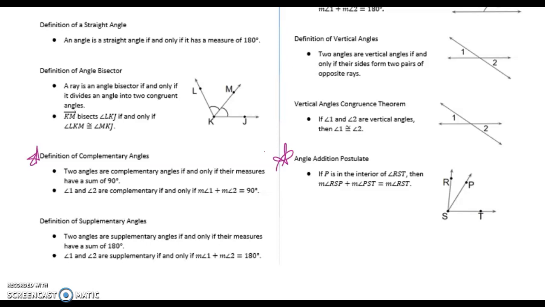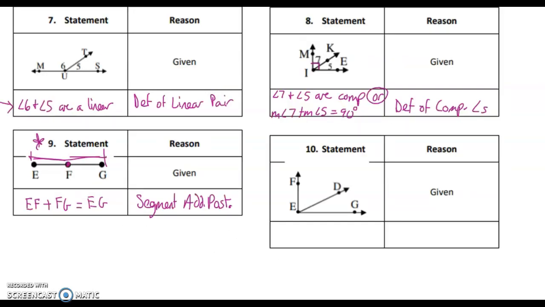That's all we can do. So we could say this angle right here, FED, plus this angle right here, DEG, equals the whole angle, FEG. And that is the angle addition postulate.